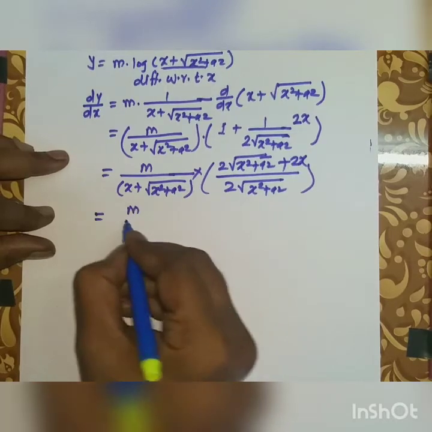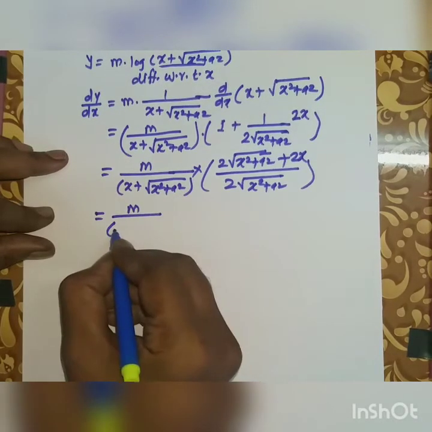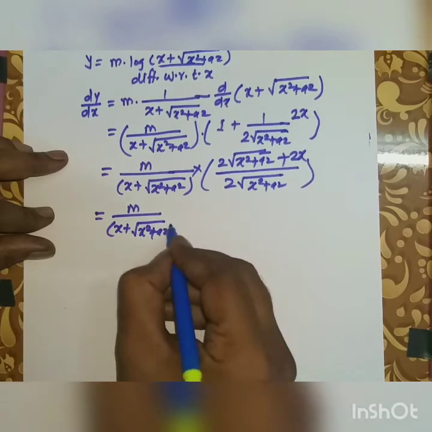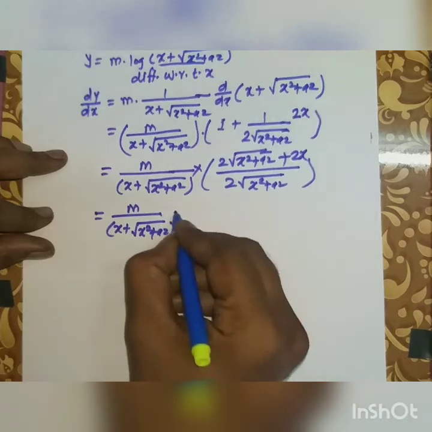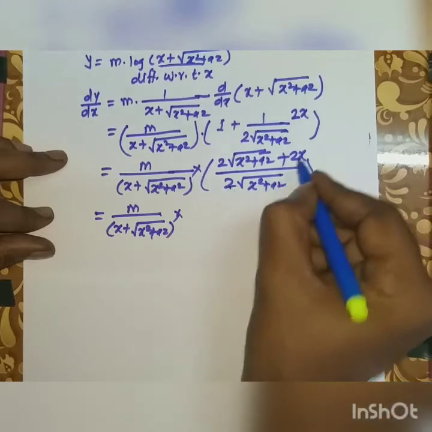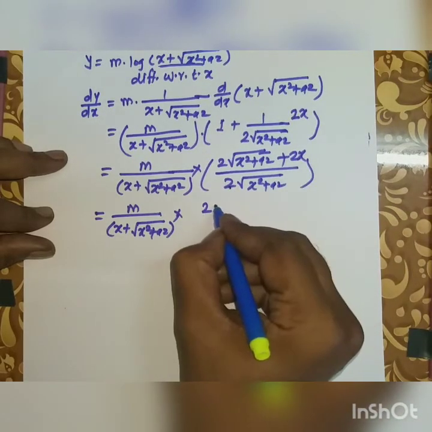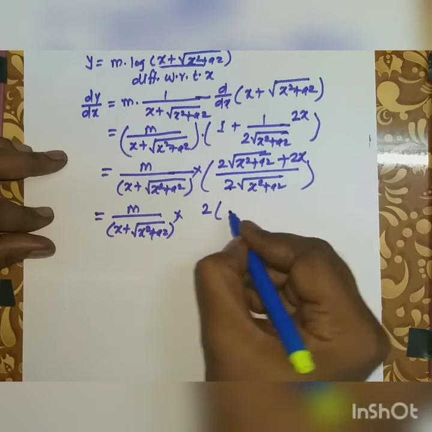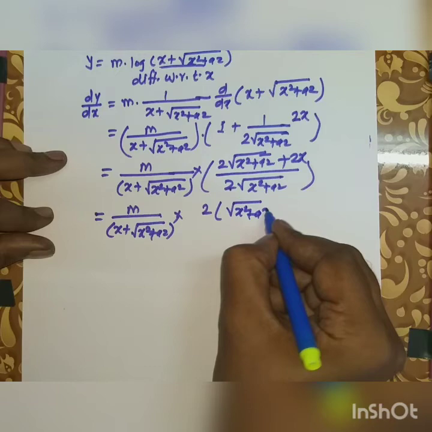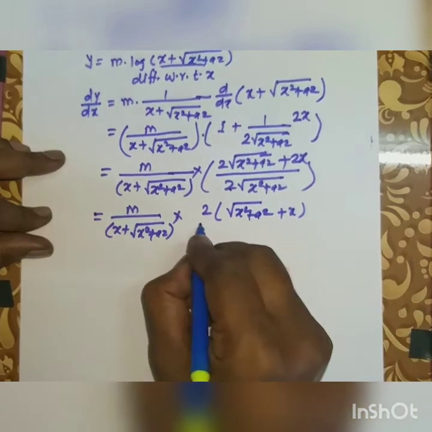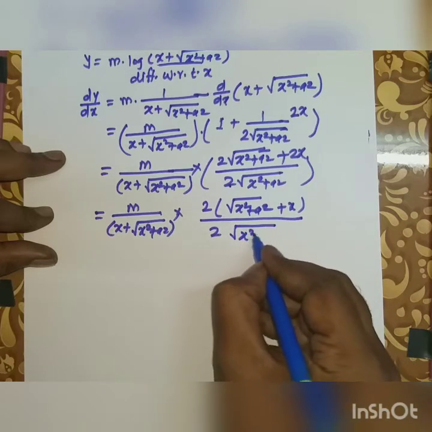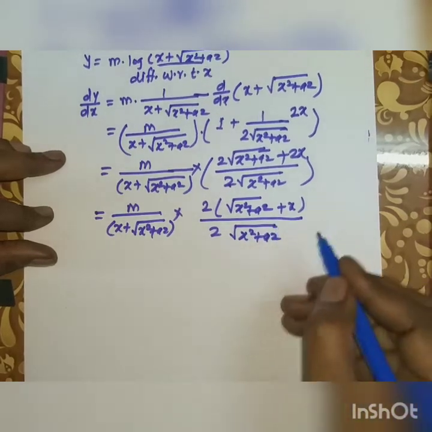The first bracket stays the same, m divided by x plus under root x square plus a square, into, take 2 common, 2 bracket root x square plus a square plus x, whole divided by 2 under root x square plus a square.